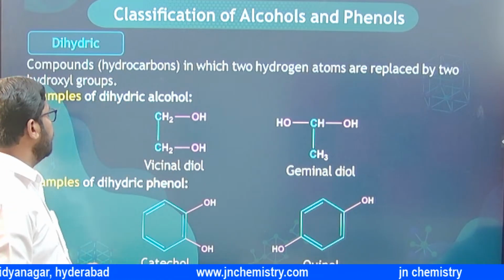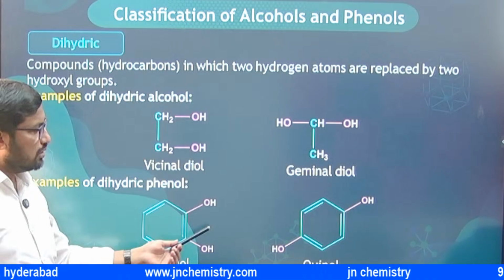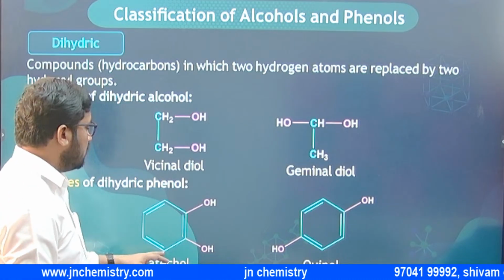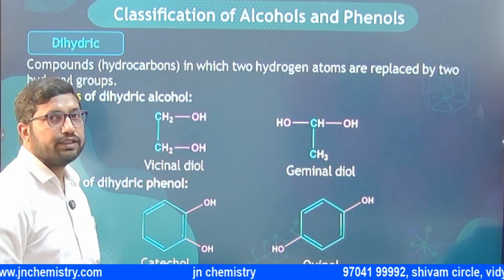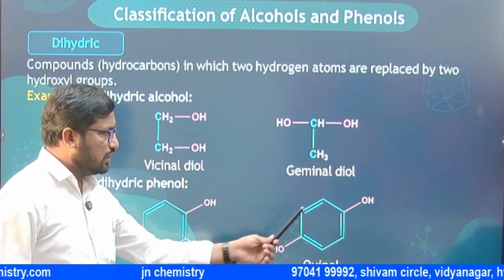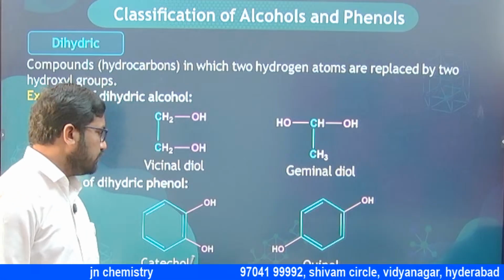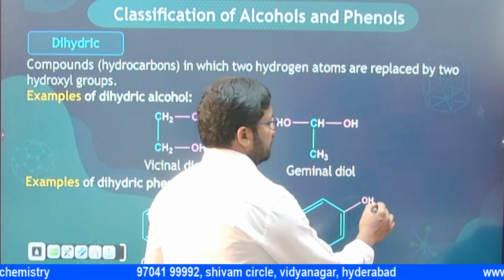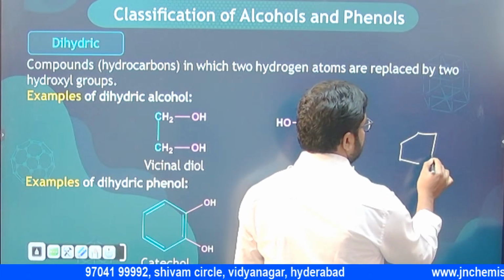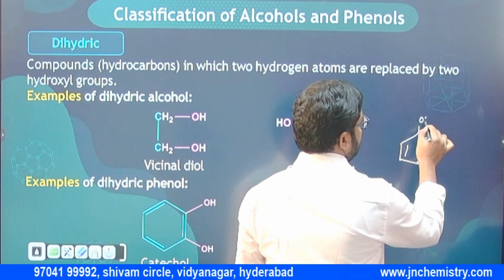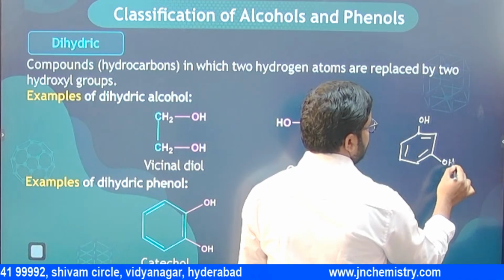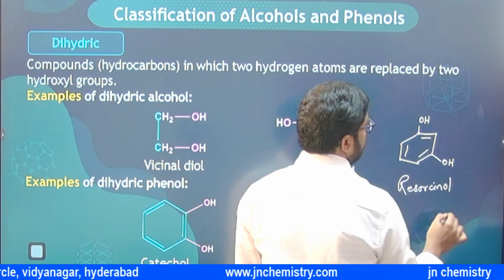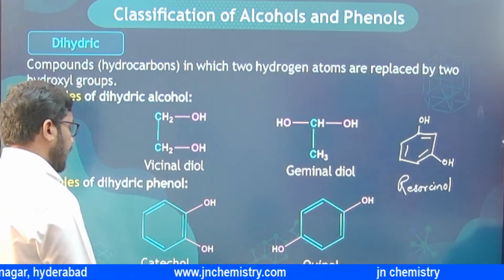This is glycol. So this is catechol. Resorcinol, quinol are there. If the 2 OH groups are at the meta position, that is resorcinol. If both are at the para position, quinol. Write it down. Write this also, resorcinol. Resorcinol, quinol, catechol.